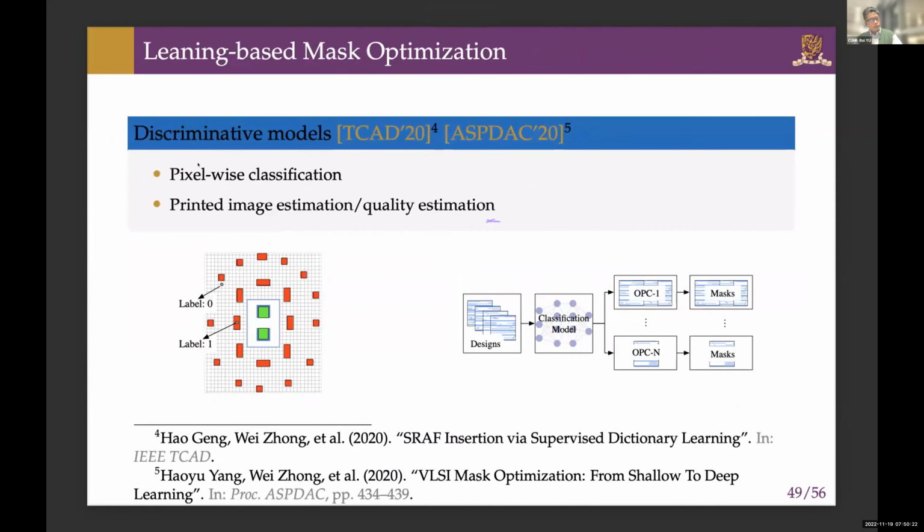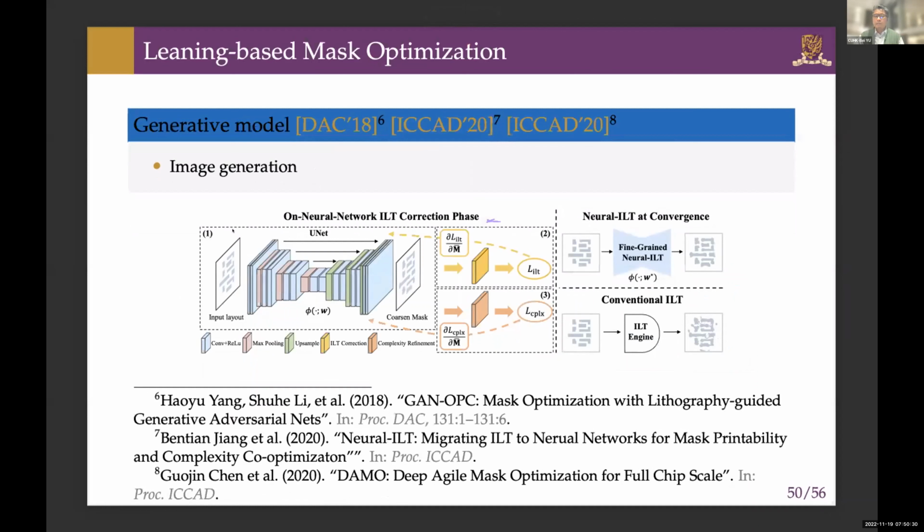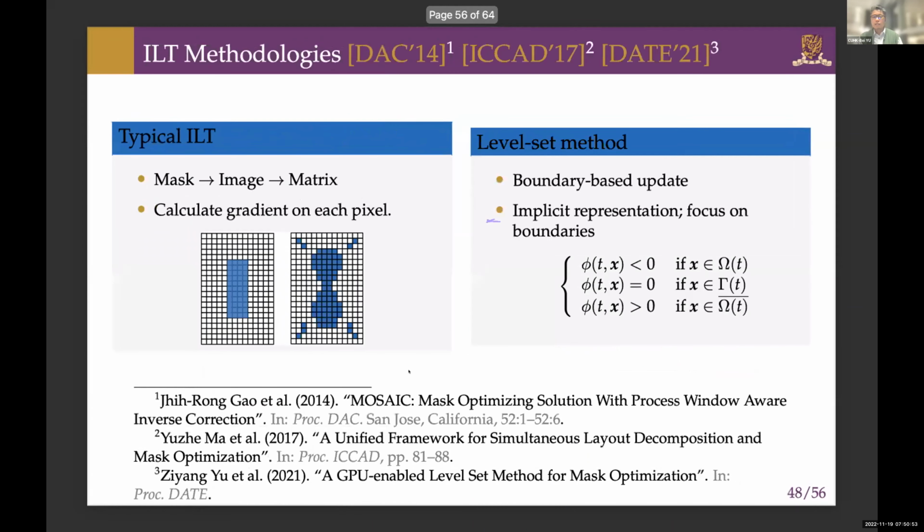There are also some methodologies using machine learning, either shallow learning or deep learning. For deep learning, due to the time limit, I cannot cover too much detail, but I would like to give a nice intuition that mask optimization is very similar to semantic segmentation, which is an end-to-end image-to-image transfer.